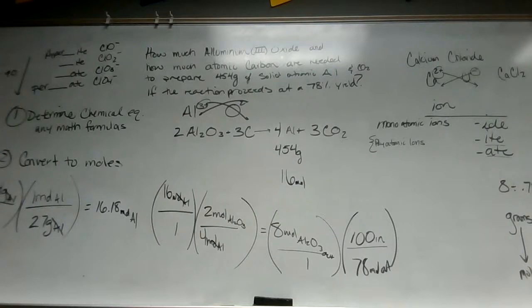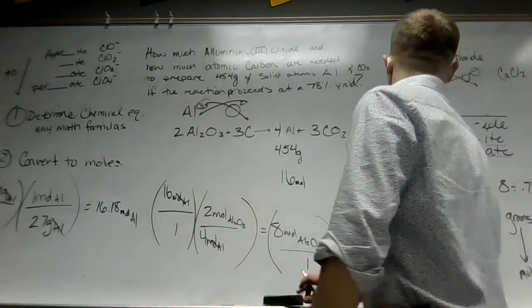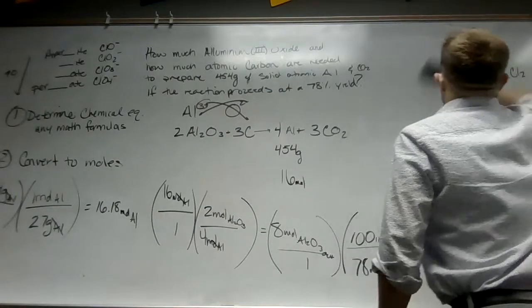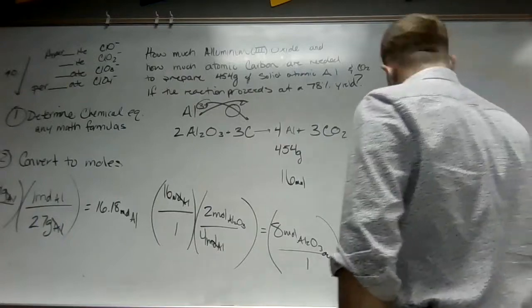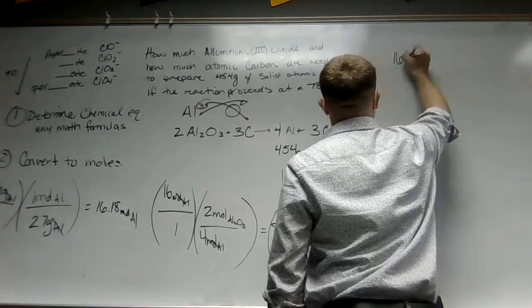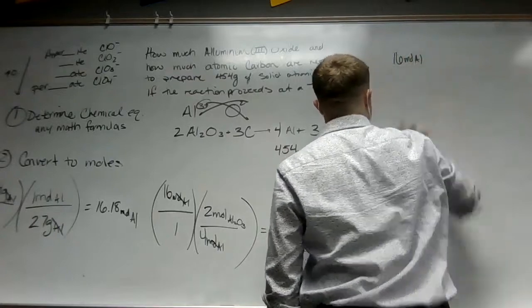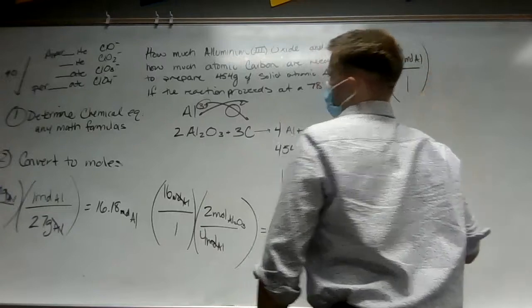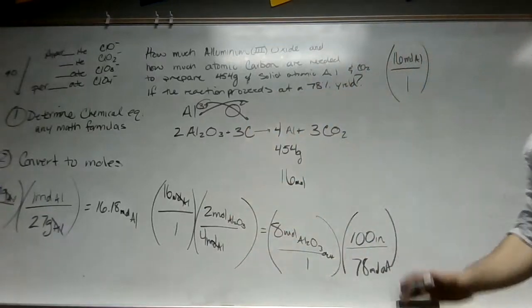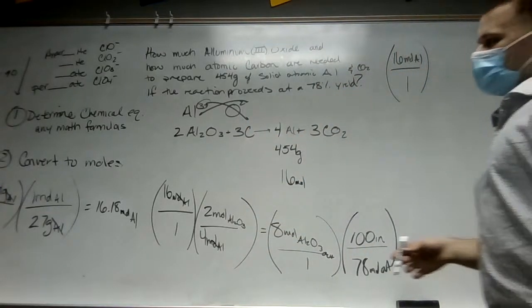You guys ready to go through it? Alright, follow along, here we go. So if we're assuming that we have 16 moles of aluminum, and we already calculated that, we don't have to go all the way back to the front. We already know how many moles of aluminum we have.